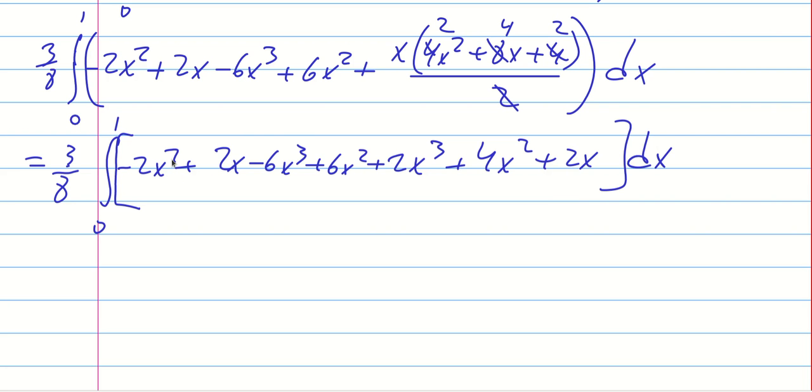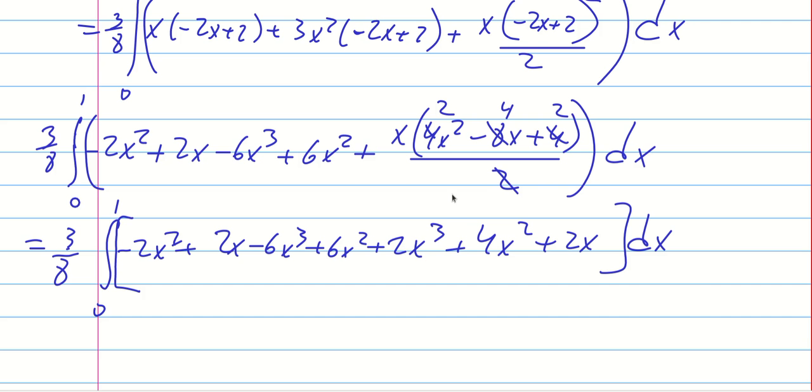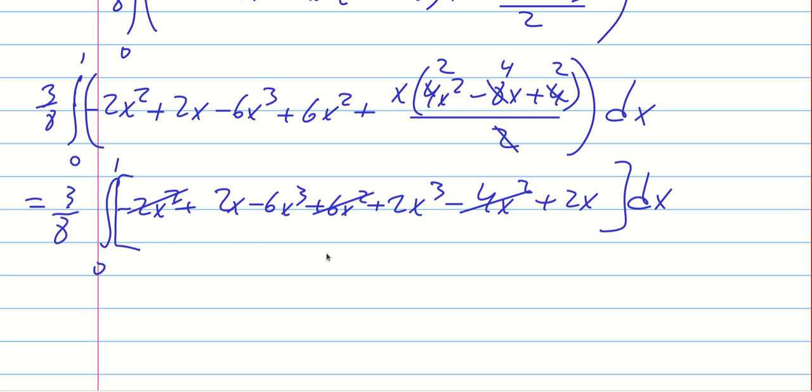So we have -2x², and we have 4x² here. This should be minus, right? Was minus, should be minus, and should be minus. Sorry about that. So this one and this one add up to 0.